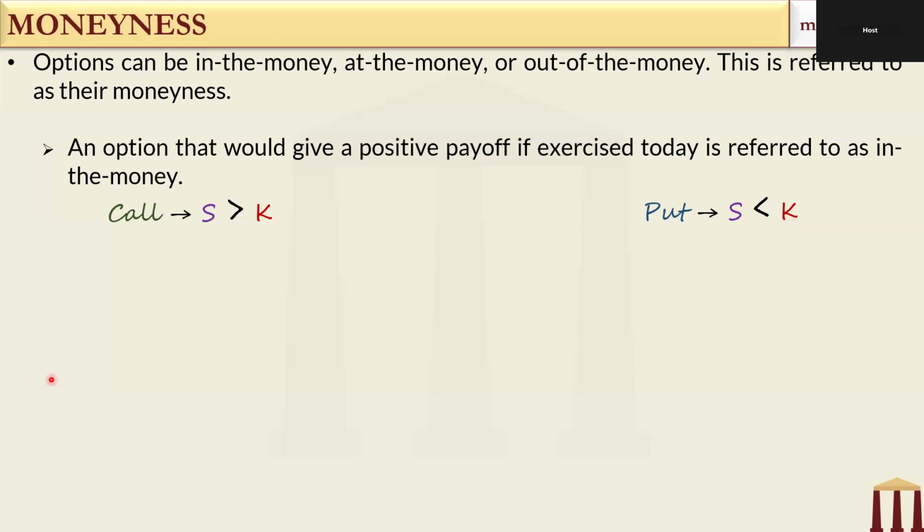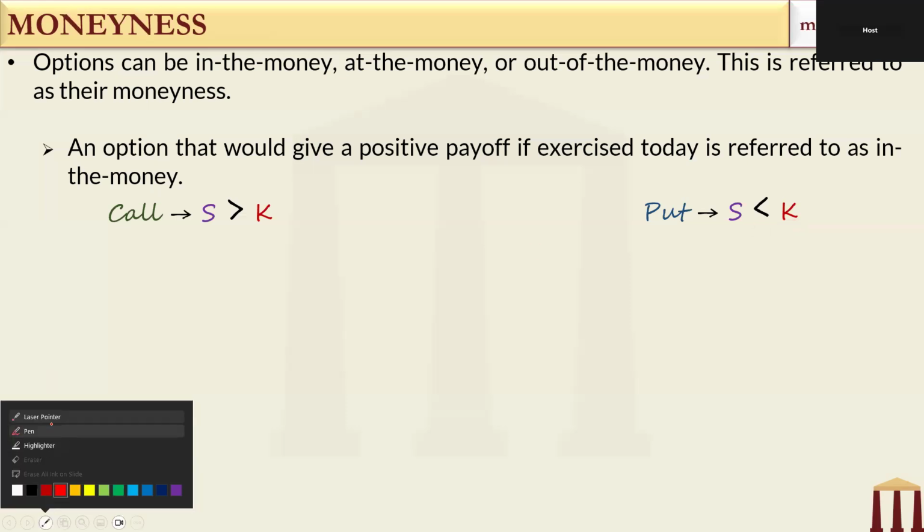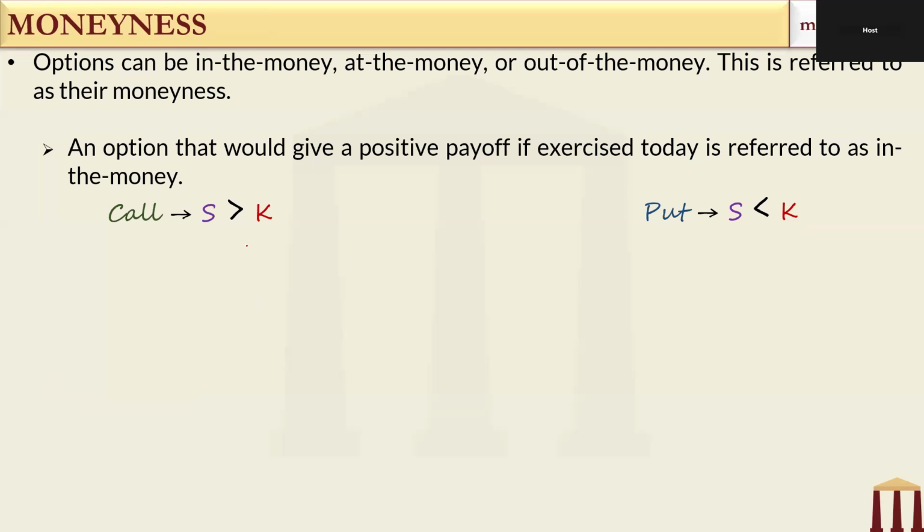And the math is pretty simple. If you remember, the payoff for a call option in terms of S and K is: Payoff is equal to max(S minus K, 0).